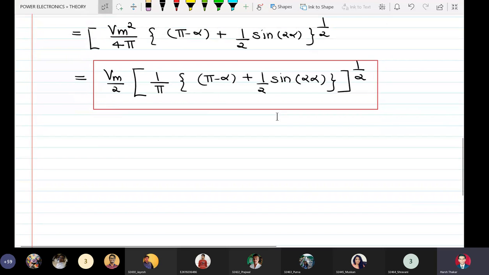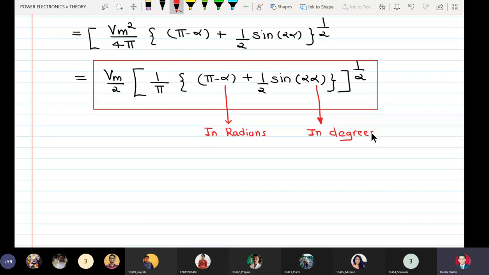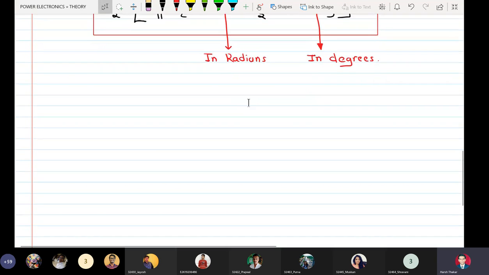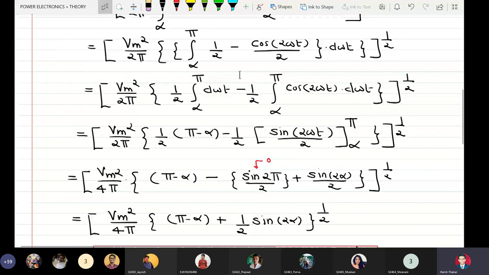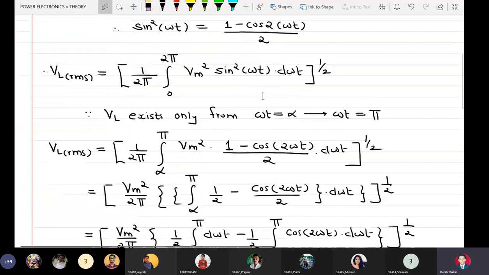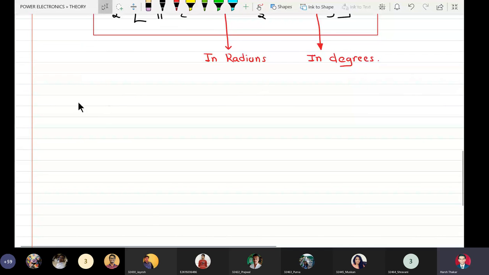Okay, just one care you have to take, that the alpha here which we have to substitute will be in radians and alpha here will be in degrees. Okay, so let us just solve one small numerical here for alpha equal to 30 degrees.